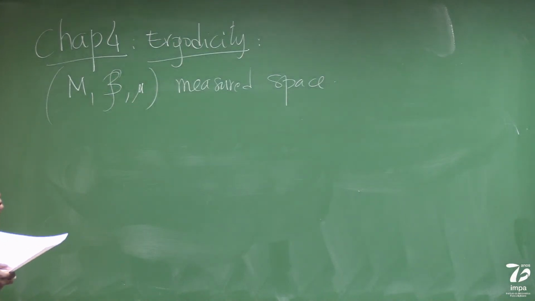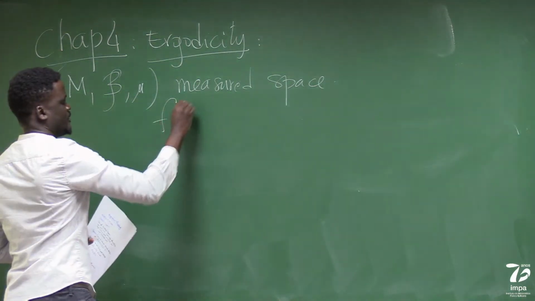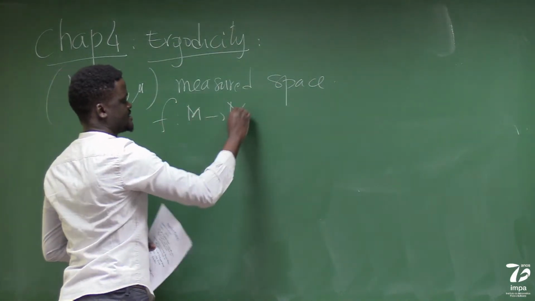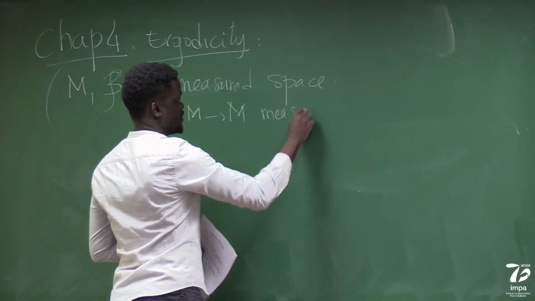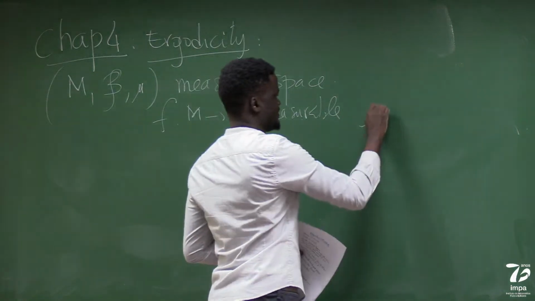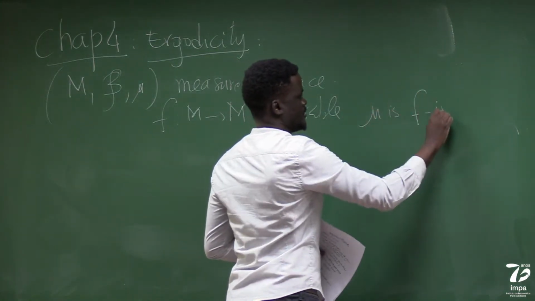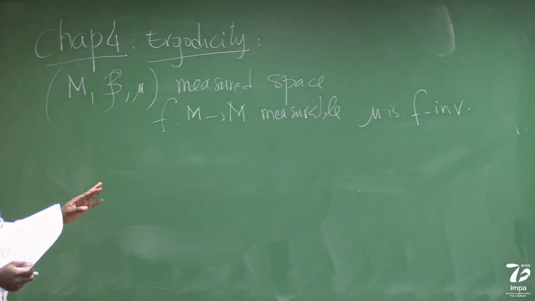And also, I will suppose that mu is f invariant. So I have f from M to M that is measurable. Okay, and mu is f invariant. Okay, so these are my assumptions.